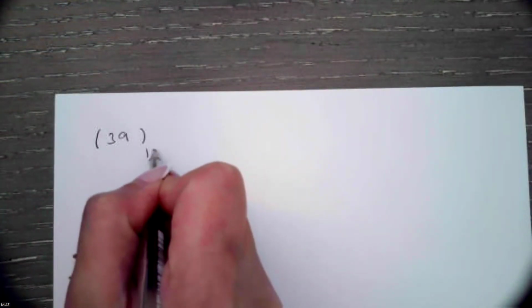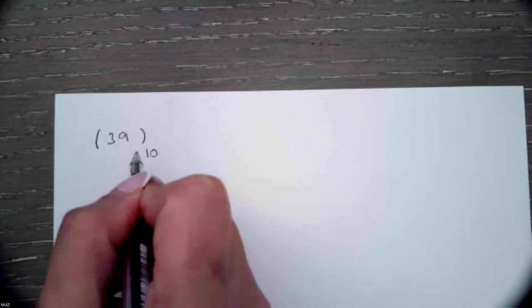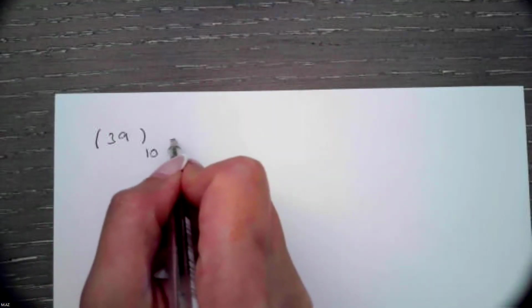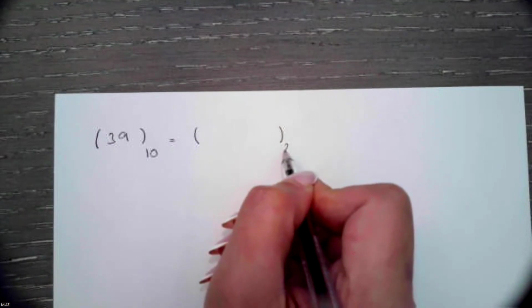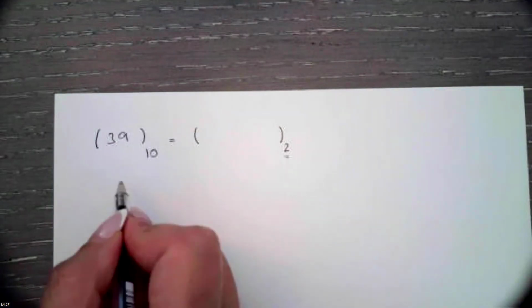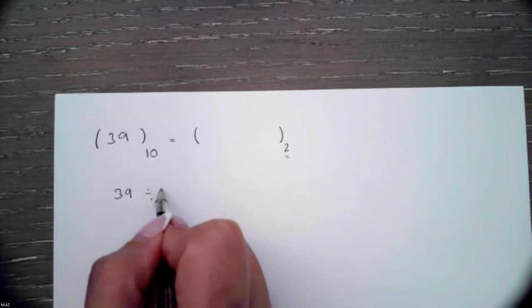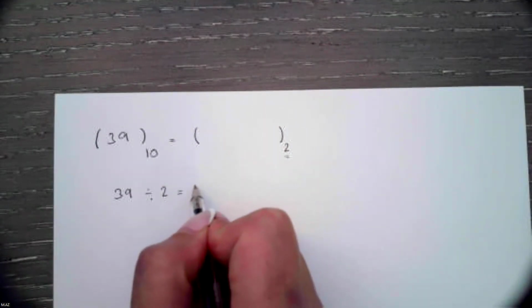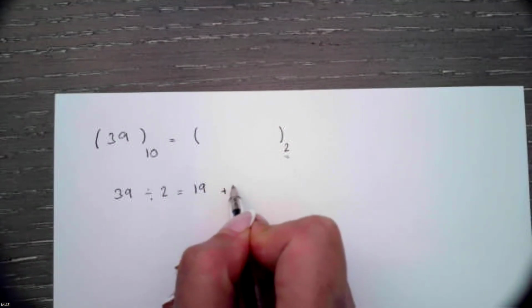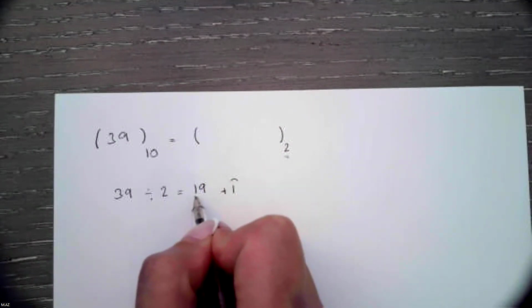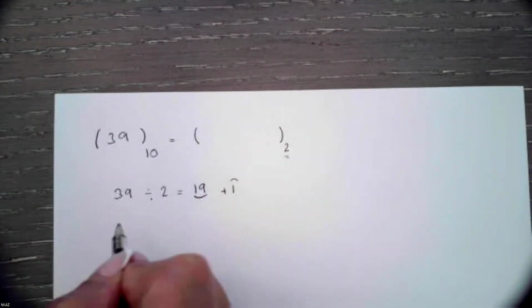This is base 10, or it's called a decimal number. How can we convert it to binary, base 2? We divide this decimal number by 2. This is 19 plus 1. This is the remainder, and this is the quotient.